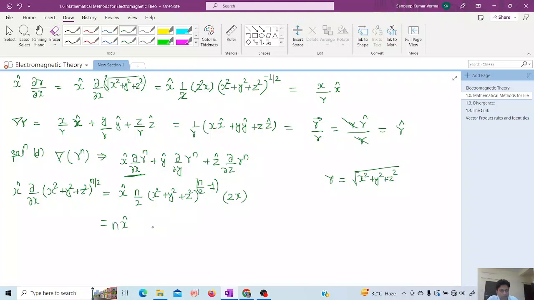This can be written as n times x cap into x and (x square plus y square plus z square) power (n minus 2) by 2, and this can also be written as n x x cap by r to the power 2 minus n.